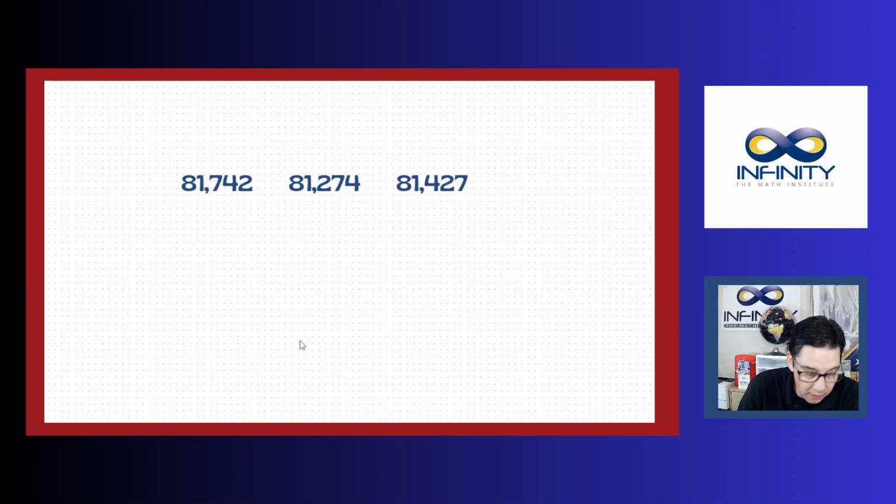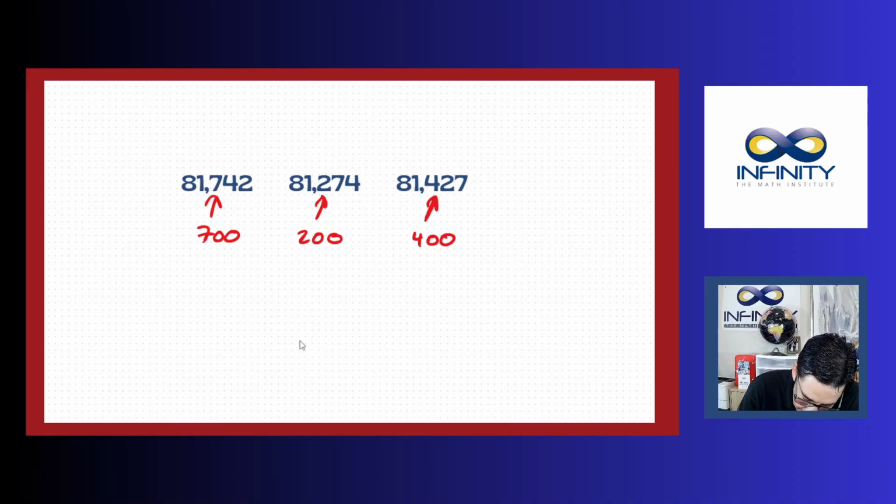All of them have the number 81,000, 81,000, 81,000. So that's all irrelevant. In the hundreds place, we have 3 different numbers. We have a 700, we have a 200, and we have a 400. So if we're going to put them in order, what's the lowest number? 2 or 200.